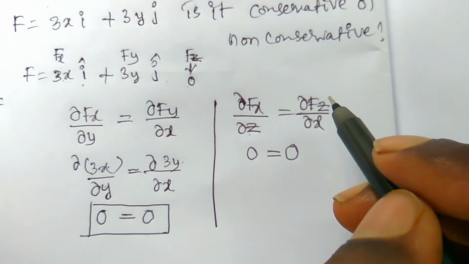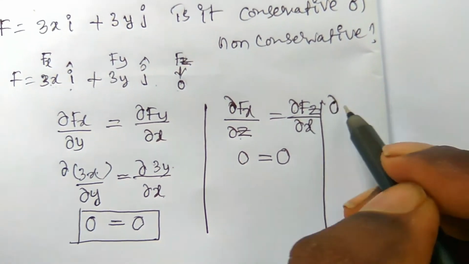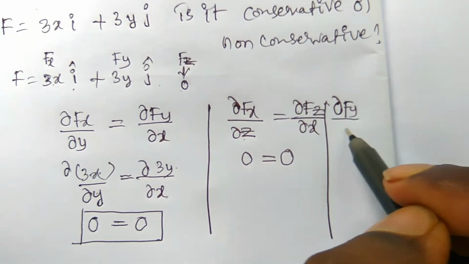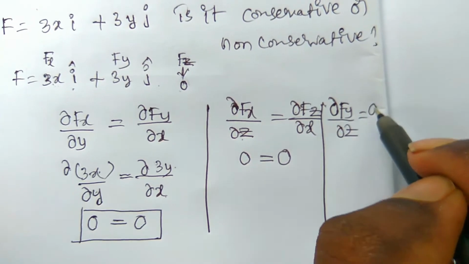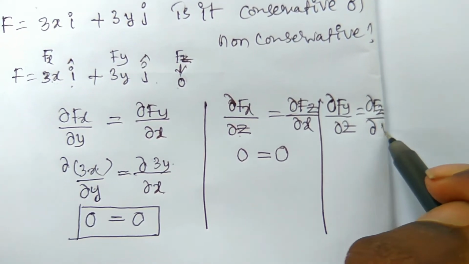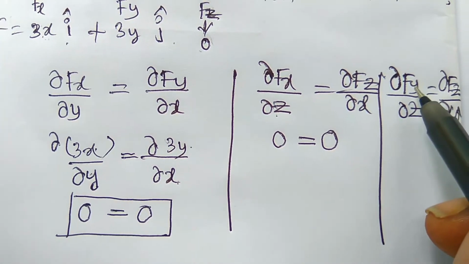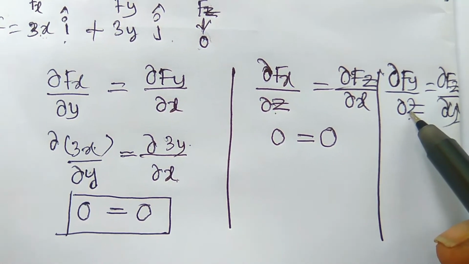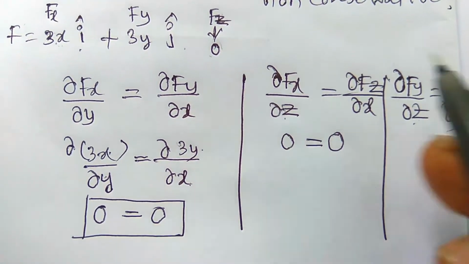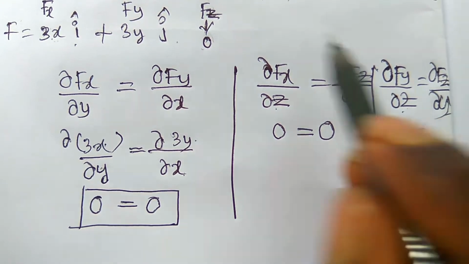Coming to the third one, del fy by del z is equal to del fz by del y. Here Fy is 3y with respect to z, which is 0, and Fz is also 0.